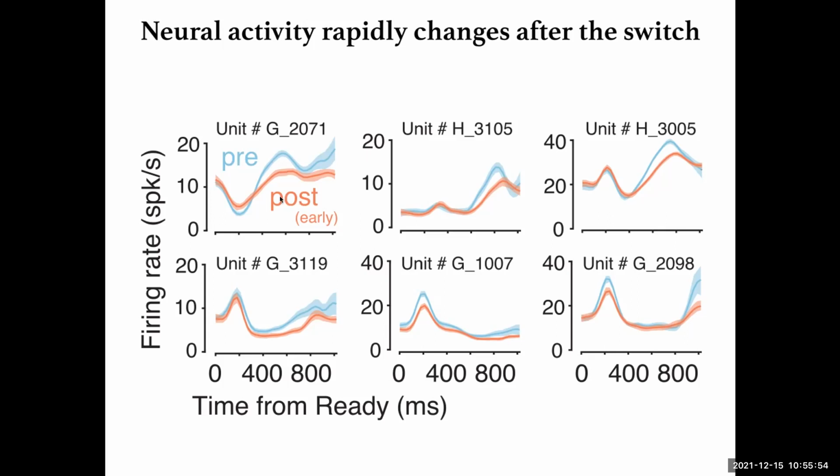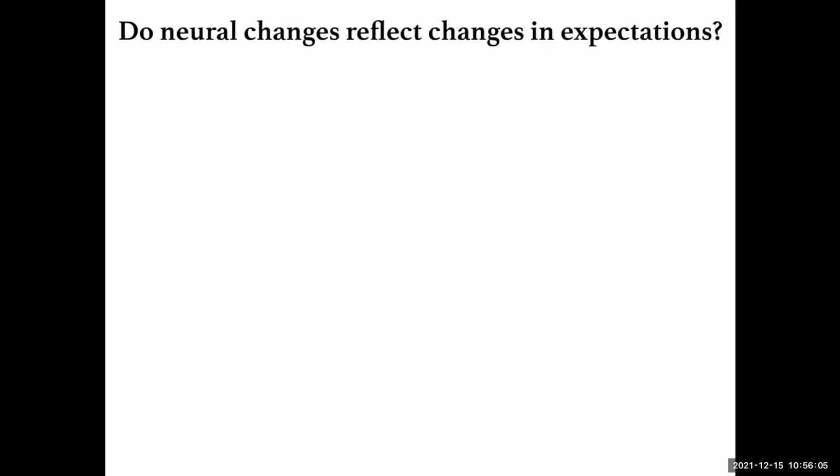And as you can see, comparing those two moments of the task, several neurons change their patterns of activity during the adaptation process. Now, of course, what we wanted to do was to quantify this change and to see whether it was quantitatively predictable from the changes in expectations that we expected.